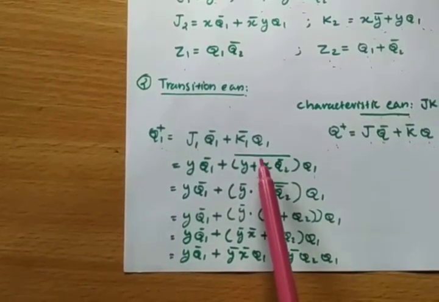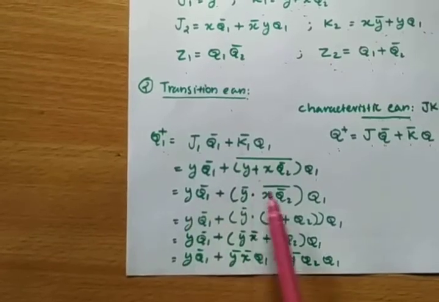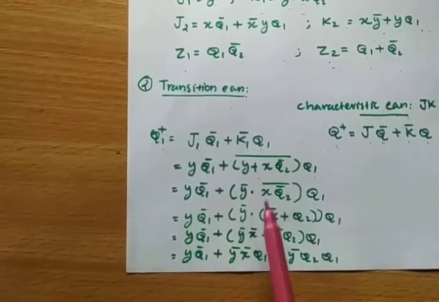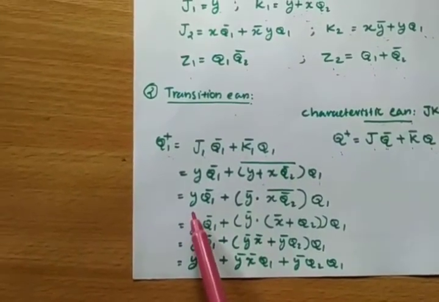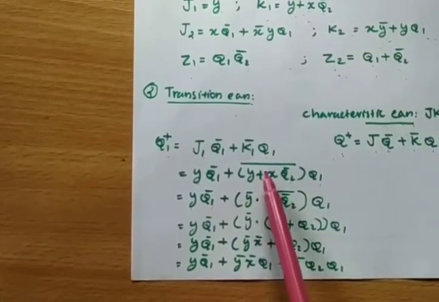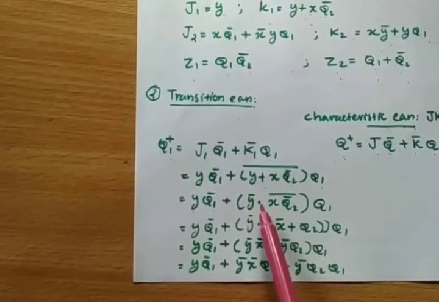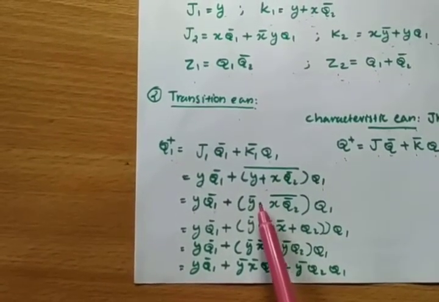You have to break this bar. You know how to solve the Boolean expression. So it is Y Q1 bar plus, to break this you have to change the operation here. Instead of plus you have to put the AND operation.